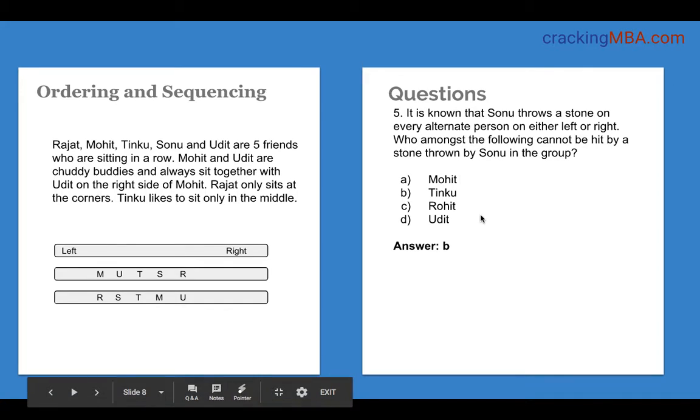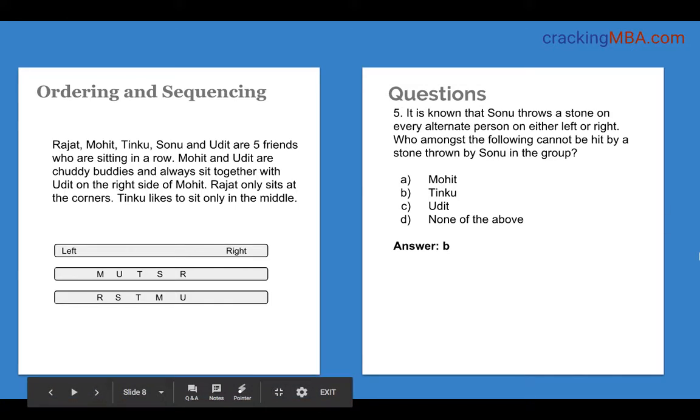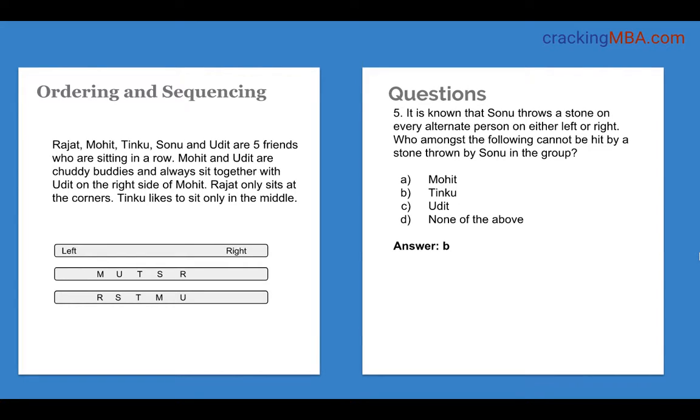Again, if you look at this question, you can find that even Rohit sits to the right side of Sonu. It is known that Sonu throws a stone on every alternate person on either left or right. So who amongst the following cannot be hit by a stone thrown by Sonu in the group?